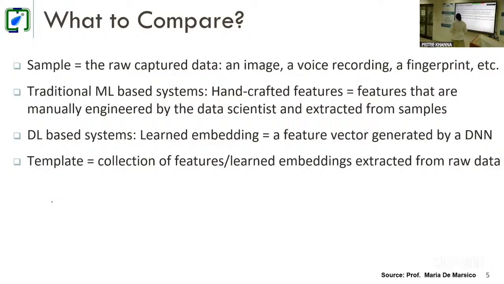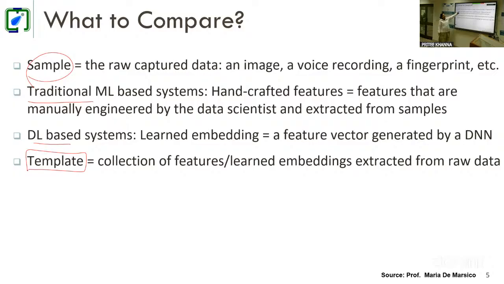Now, you can see here, when we talk about samples, they are just raw captured. If you talk about images, just raw images or voice recording. And when we are going for traditional systems or DL-based systems, at the end of the day, we get the template, right? So, what is a template?